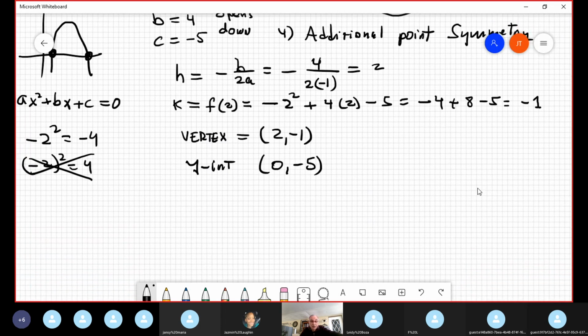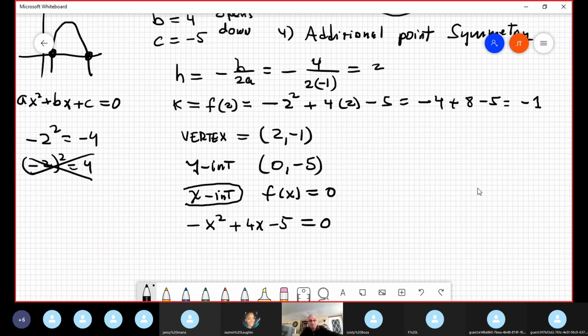So f of x in this example, minus x squared plus 4x minus 5, equals 0. We need to solve this quadratic equation in order to find the x-intercept.